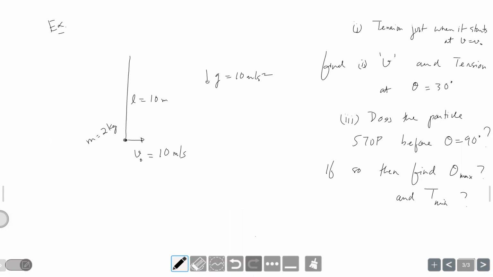So that's why the equation changes. Tension will in fact become mv square by l minus mg cos theta. Or you can still write it as plus mg cos theta, but remember theta is obtuse, so cos theta will be a negative quantity.